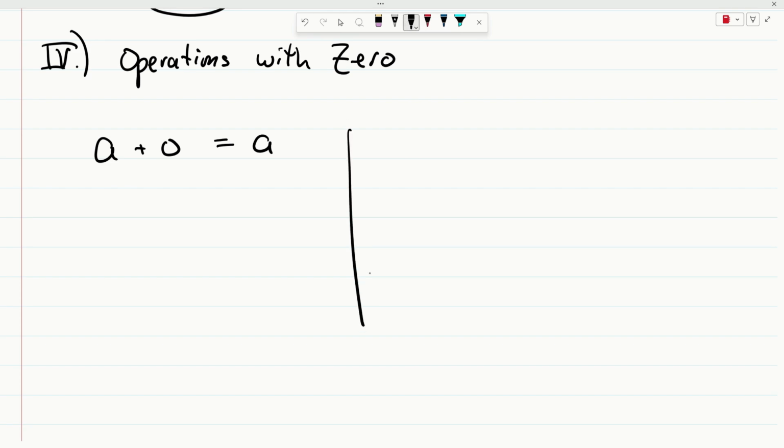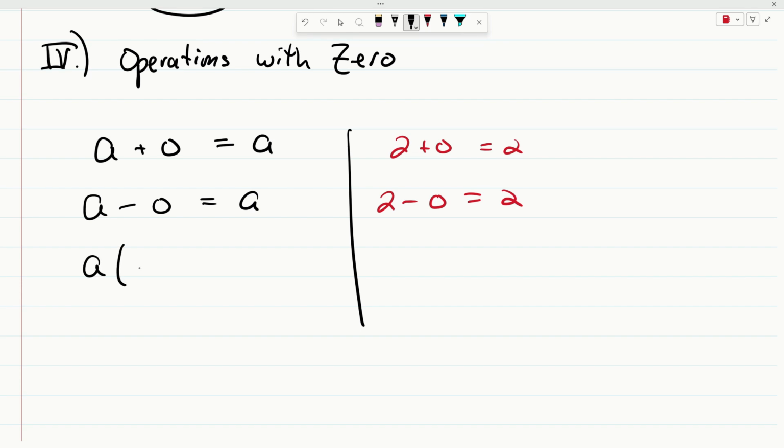Example, 2 plus 0 equals 2. A minus 0 also equals a. Example, 2 minus 0 equals 2. Next, a times 0 equals 0. So an example would be 2 times 0 equals 2. Oh, sorry. 2 times 0 equals 0.